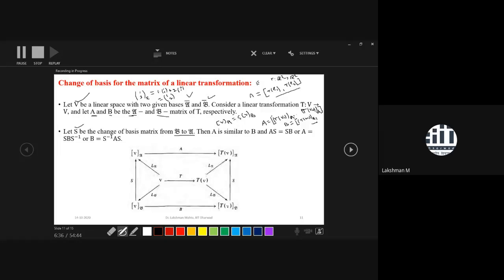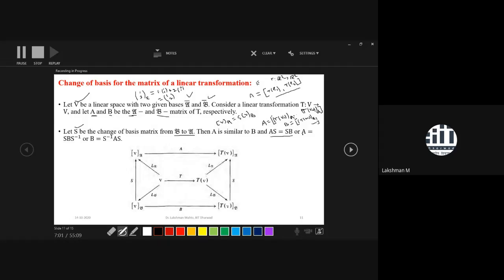Here, the definition of the matrix of transformation with respect to these bases gives the idea that A and B are related as A times S equals S times B. We had already seen that S, the change of basis matrix, is always invertible.